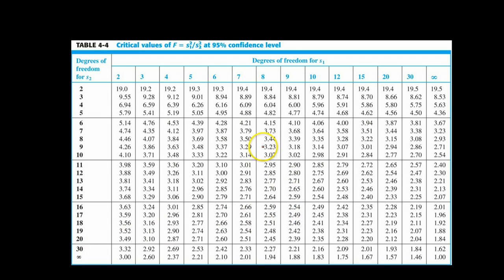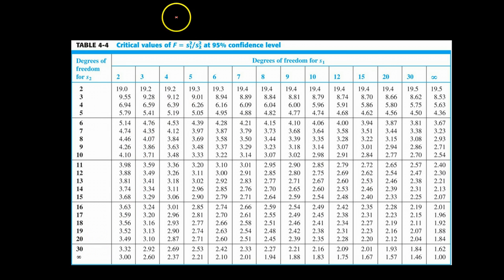All right. And so in this case, you look at it because both your samples could have different numbers of measurements or different numbers of values. Each one of them is going to have their own degrees of freedom. Okay. And so you want to look at, this is the degrees of freedom for S1, in this case we're talking about the numerator, and S2 on this column here, this is your degrees of freedom in your denominator.